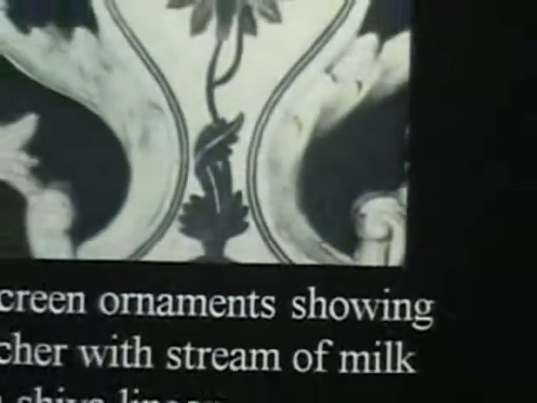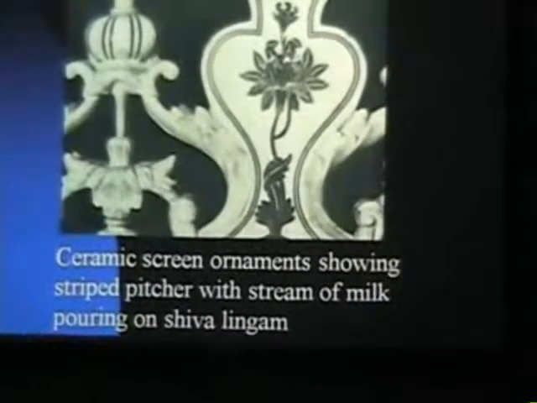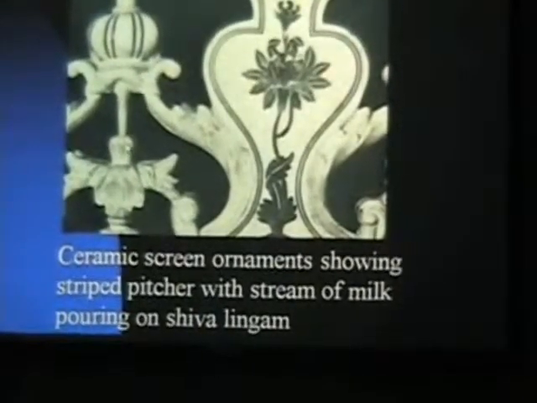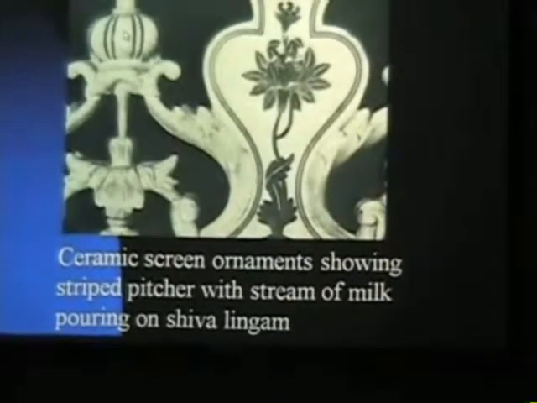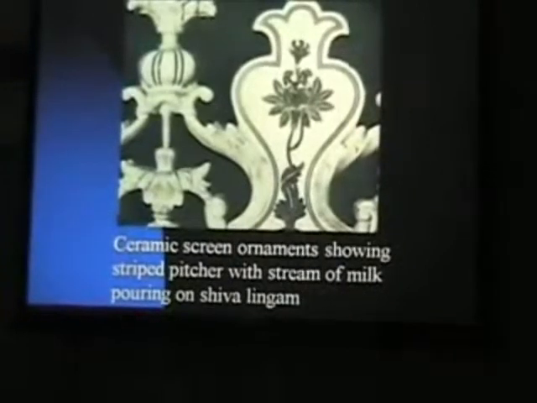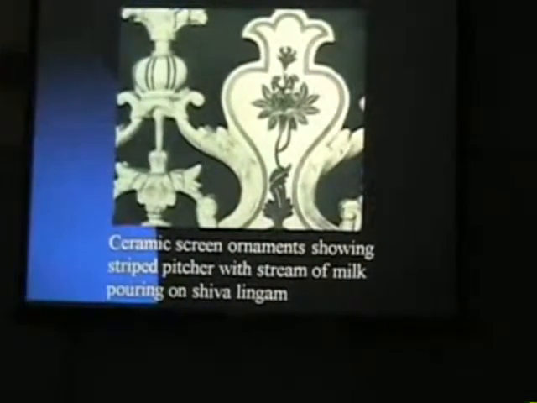So what you have here is the bowl, here is the milk pouring down, and here is the lingam on the screen. There are a total of 108 of these symbols all along the screen.